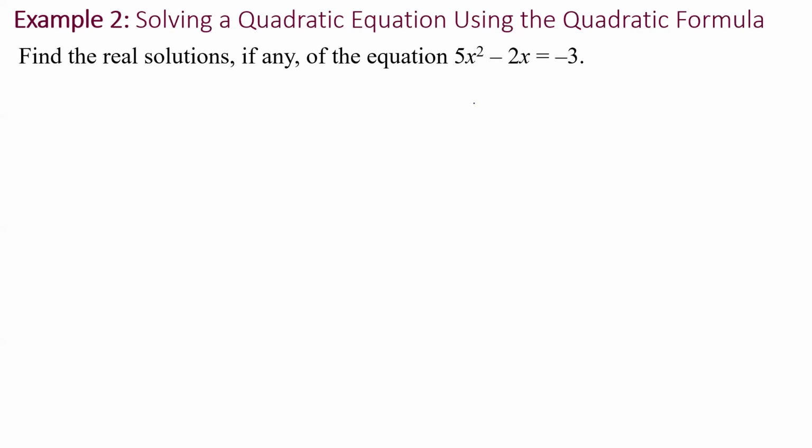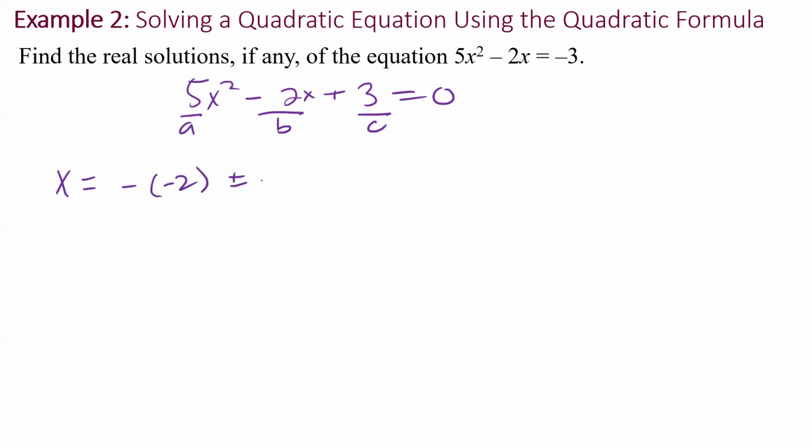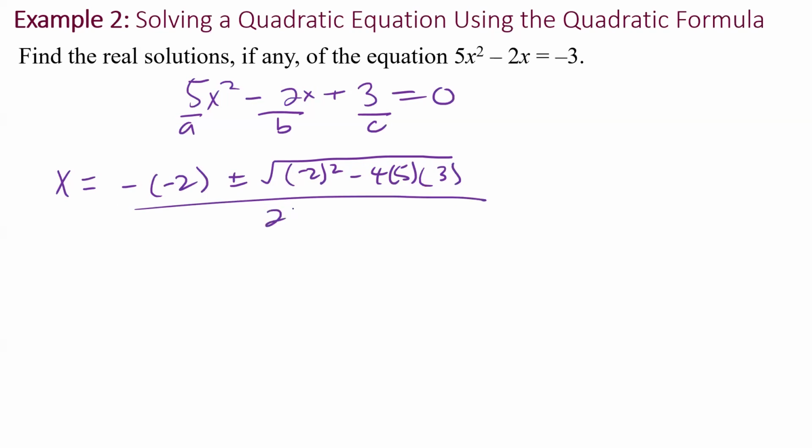All right, here we go. So in order to use the quadratic formula, this needed to equal what? 0. So before you start, you should have 5x squared minus 2x plus 3 equals 0. This is your A, this is your B, and this is your C. So you get x equals negative b plus or minus the square root of b squared minus 4ac divided by 2a.